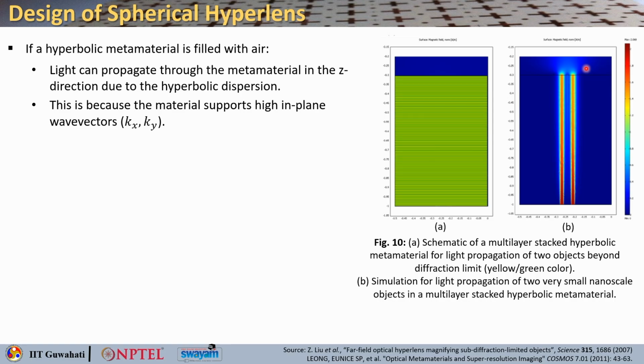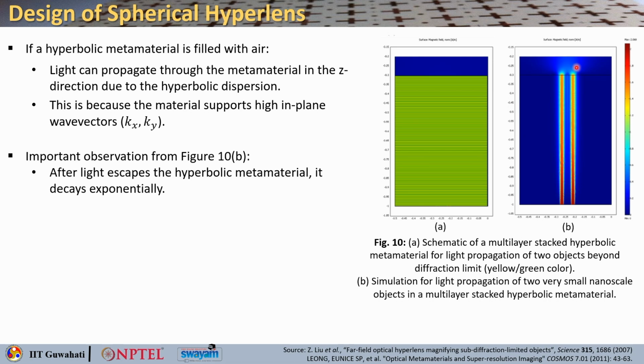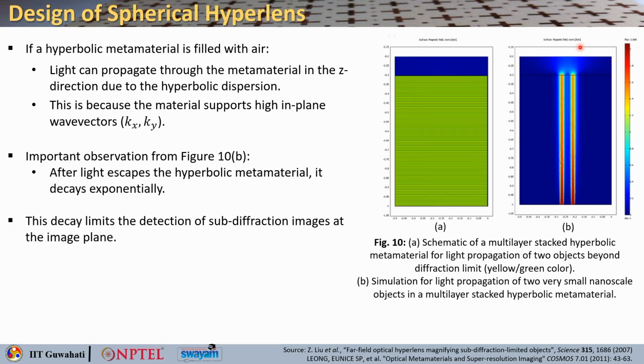So, this is where you can see the hyperbolic metamaterial being present and light is propagating along this direction. This is again air, so this is where it stops propagating, right. These are important observations: as soon as the light exits from the hyperbolic metamaterial, it again decays exponentially and you cannot see it further.